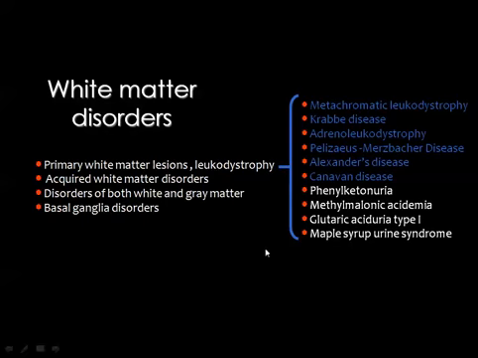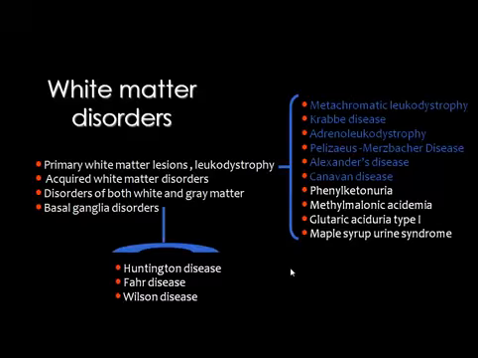And in the last part of this talk, we are going to discuss 9 diseases, which are the 4 lesions included in the primary white matter lesions: phenylketonuria, methylmalonic acidemia, glutaric aciduria type 1, and maple syrup urine disease.